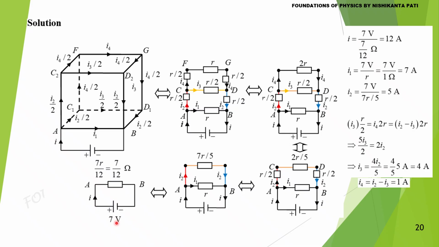I is 7 volt by 7 by 12 ohm. I1 is 7 volt by R. I2 is 7 volt by 7R by 5. These two are parallel. So I3 into R by 2 is I4 into 2R.